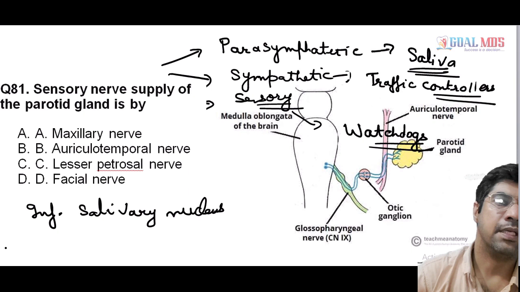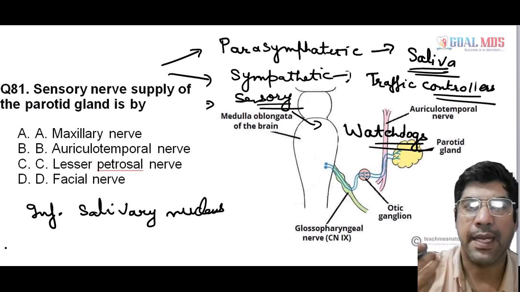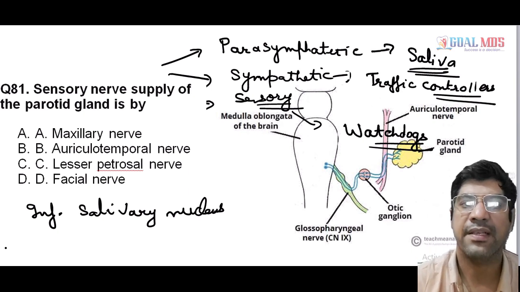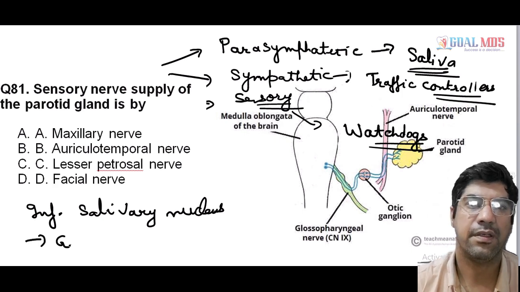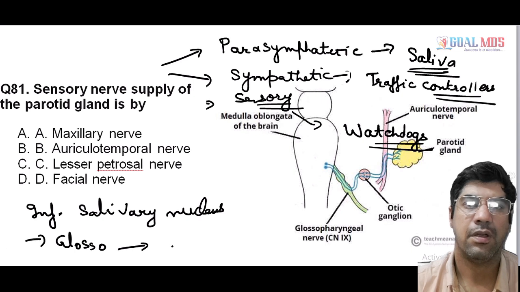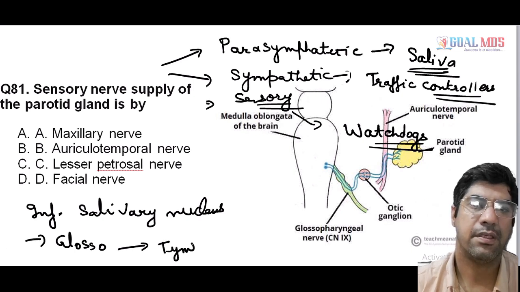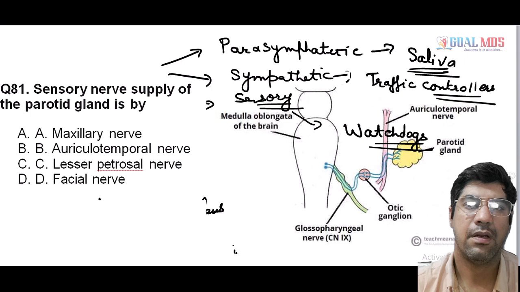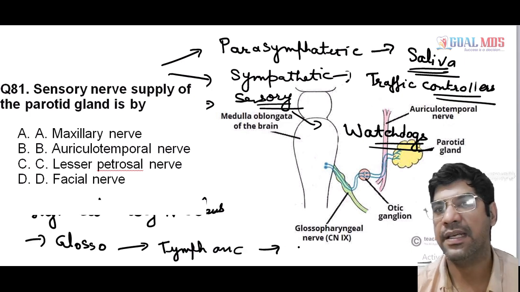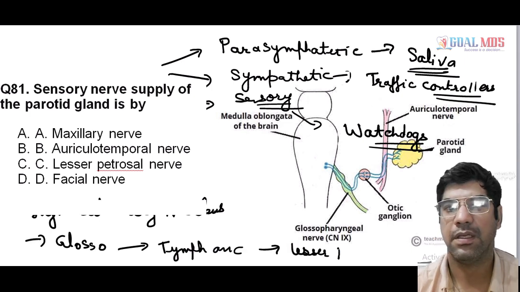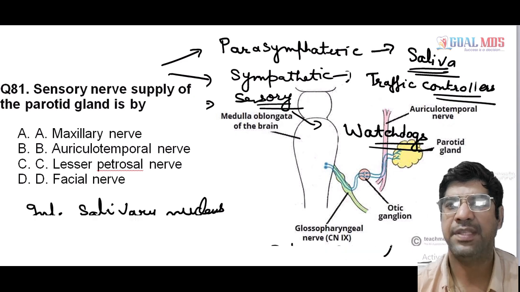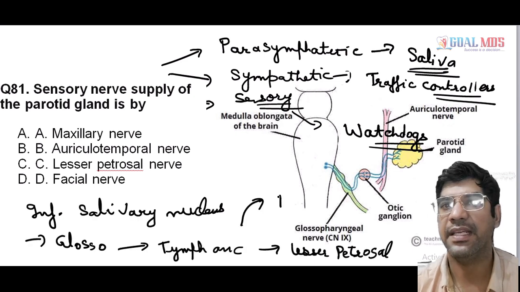In their journey, they take a ride from various nerve highways, like the glossopharyngeal nerve, tympanic plexus, and finally the lesser petrosal. It's similar to changing trains.